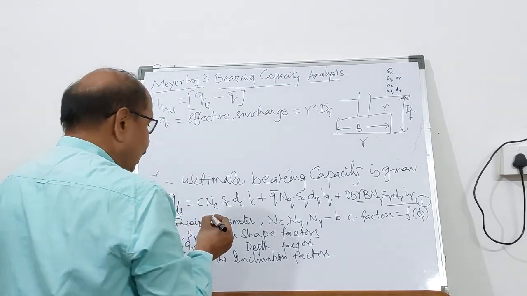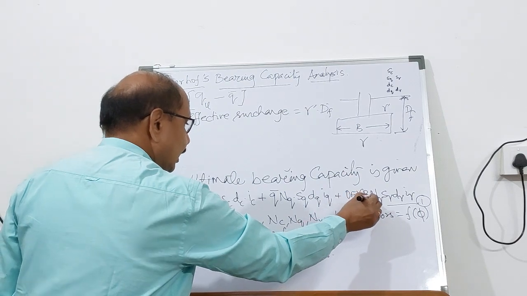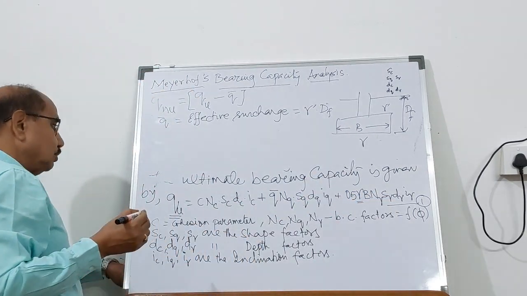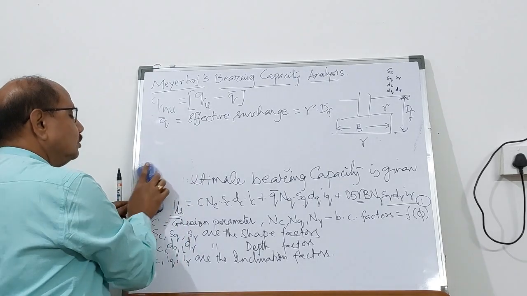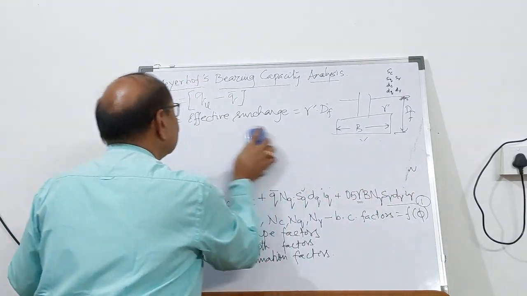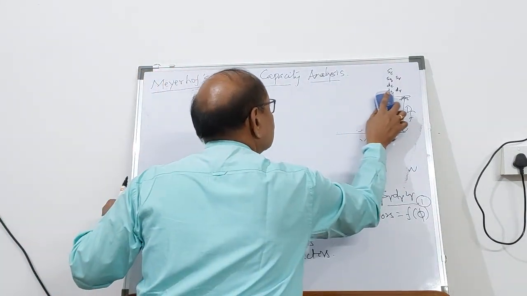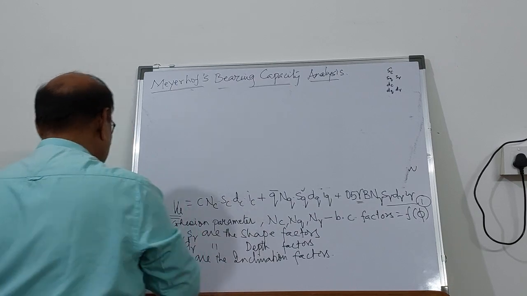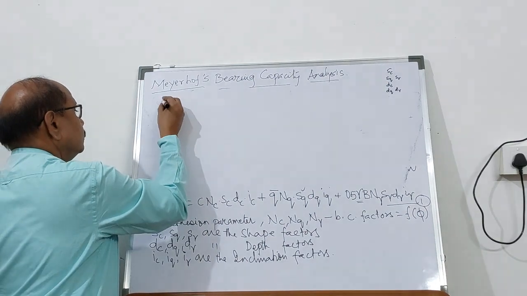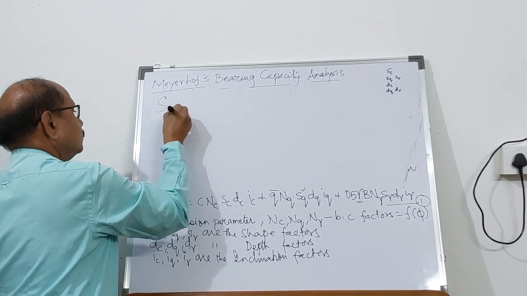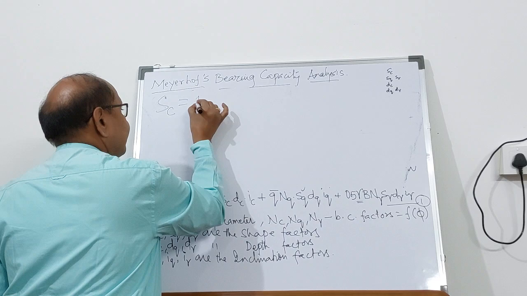Now the question is how to find out this Sc, Sq, S gamma. So the shape factors, first we should try to find out the shape factors. To compute the shape factors, you can easily remember this.